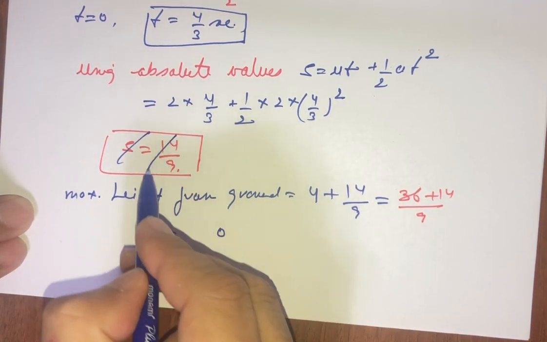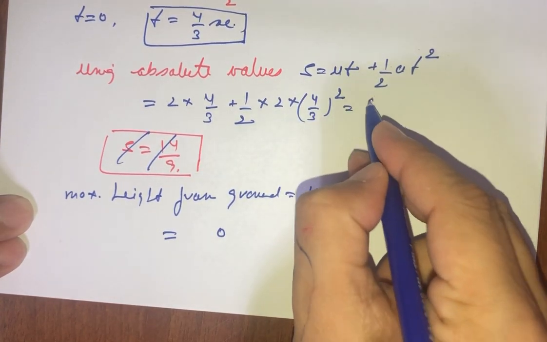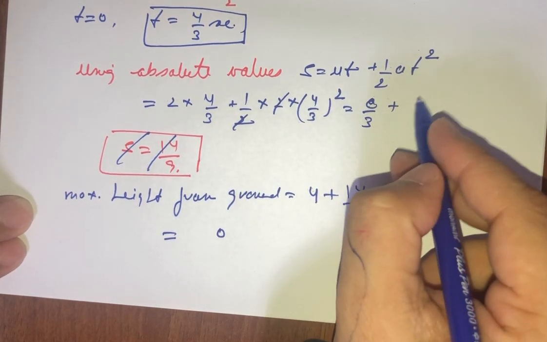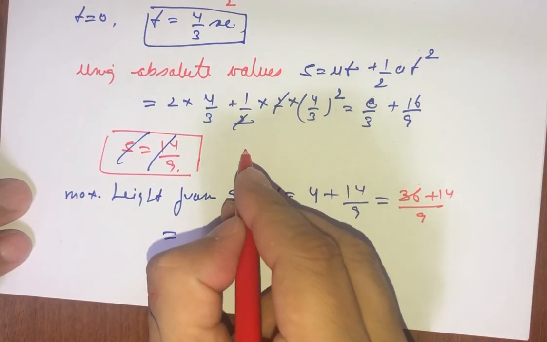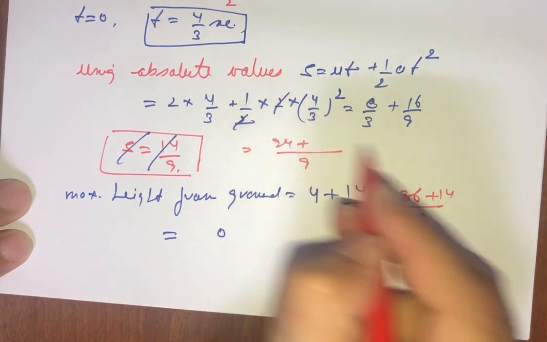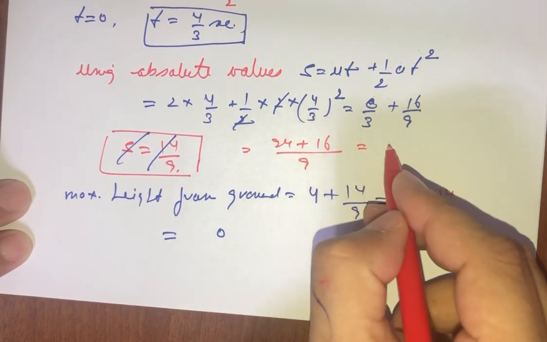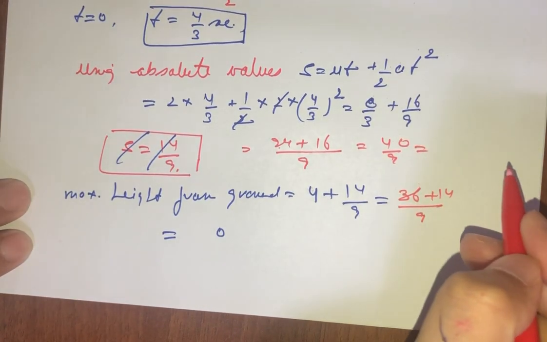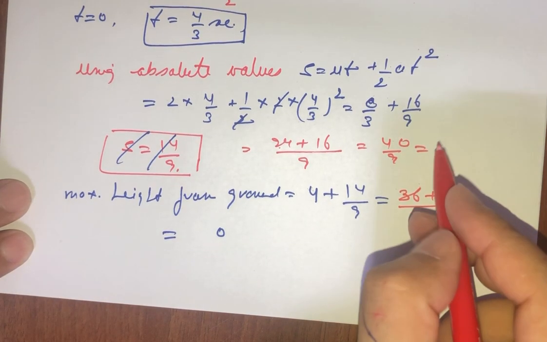Let me do the calculation again. This will be 8/3 plus 2 goes with 2, 16/9, and if we take 9 as LCM, this will be 24 plus 16, which equals 40/9.